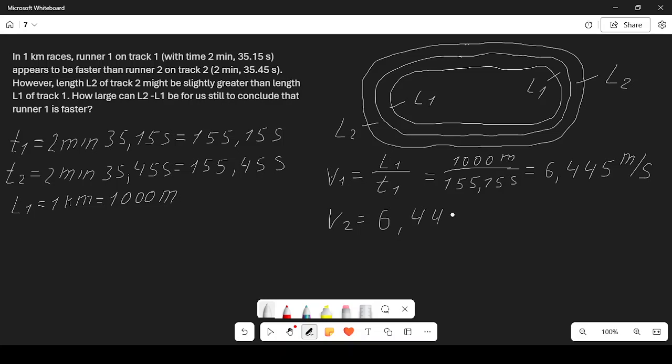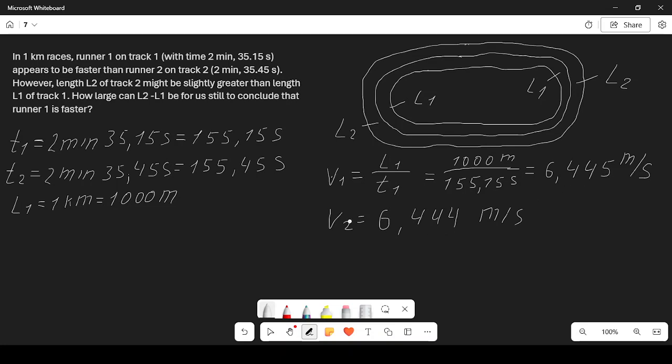And so the maximum speed of runner number 2, with which we still consider runner number 1 faster, is 6.444 meters per second. So a 1000th part, the third digit after the point, less than the speed of runner number 1.